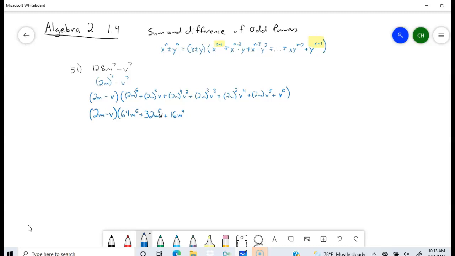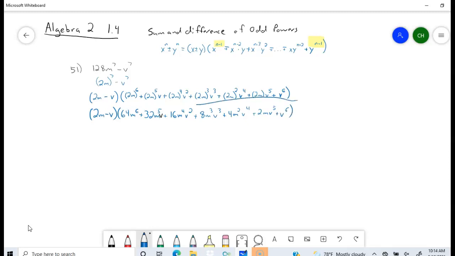It's m to the 5th there. 16m to the 4th v squared plus 8m to the 3rd v to the 3rd plus 4, because 2 squared is 4, m squared v to the 4th plus 2m v to the 5th plus v to the 6th.